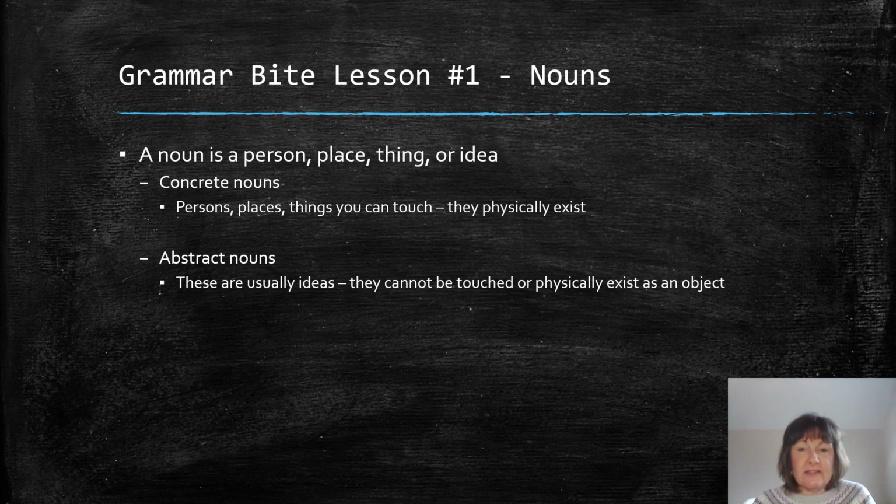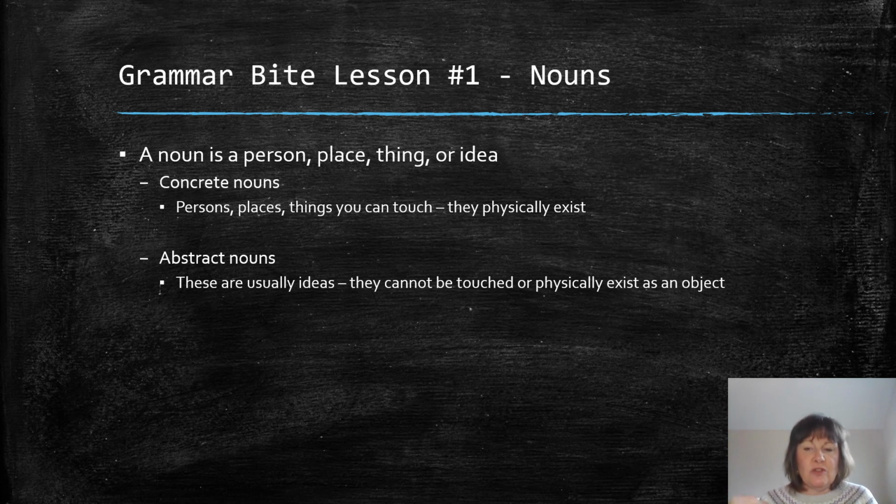Our first lesson has to do with nouns, and we're looking at what a noun is and two different kinds of nouns. There are concrete nouns and there are abstract nouns. A noun is a person, place, thing, or idea. One kind is the concrete noun, and those are your persons, places, and things that you can touch, and they physically exist. You might be able to hold it in your hand.